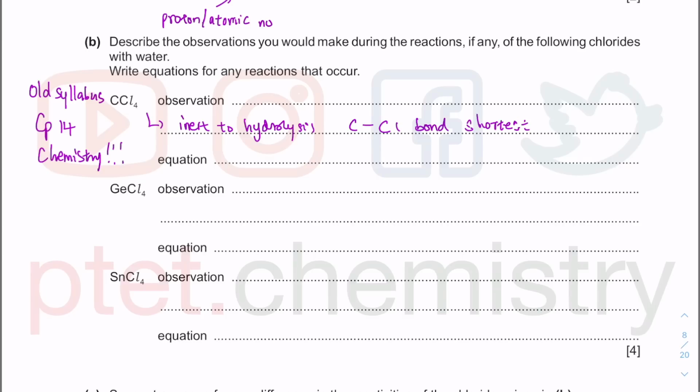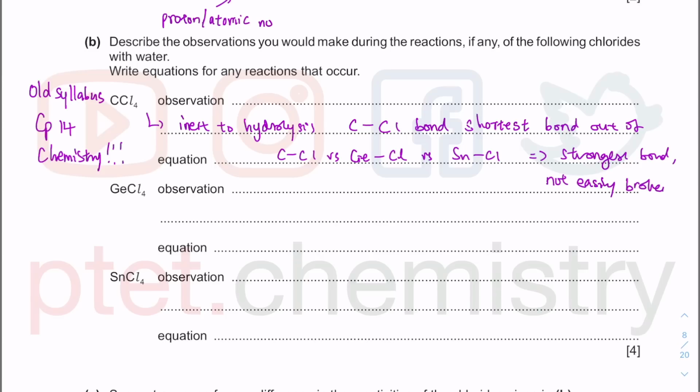It's the shortest bond out of CCl versus GeCl versus SnCl, and therefore it is the strongest bond, and therefore not easily broken or hydrolyzed.